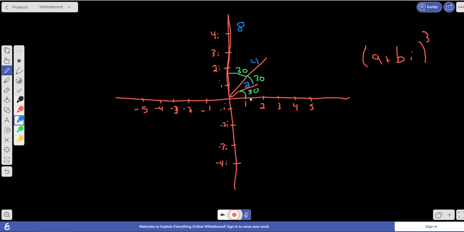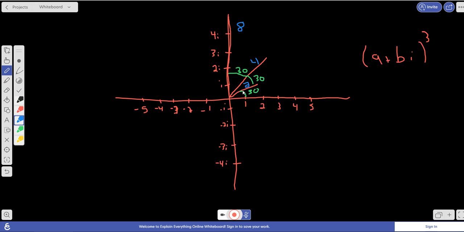So in this case it was a 30-degree angle, but it could have been a 50-degree angle, 60-degree, 150 degrees, it doesn't matter. Whatever angle the initial complex number forms, when you raise that to a power, it's going to do that angle this many times. So in this case it's 3 times, but if this was to the 5th power, we would be doing our 30-degree angle 5 times, and that would be at 150 degrees.